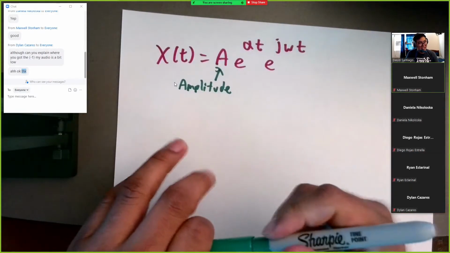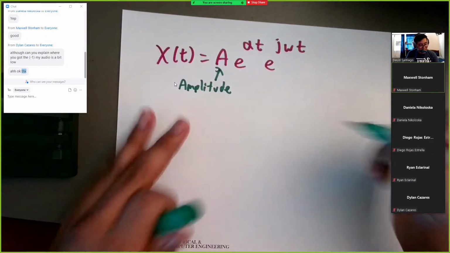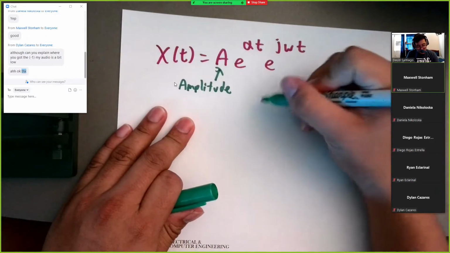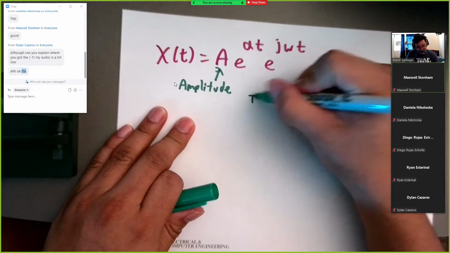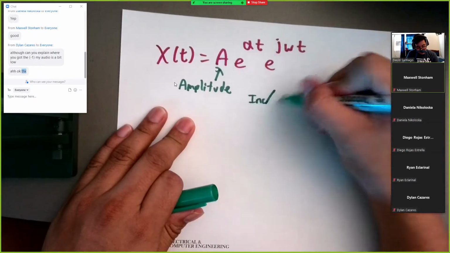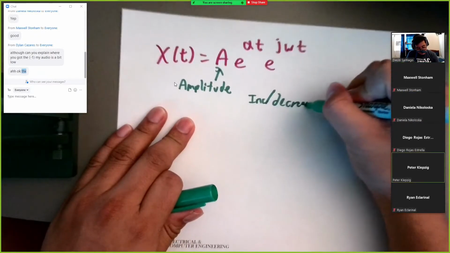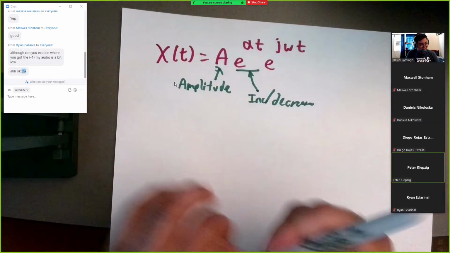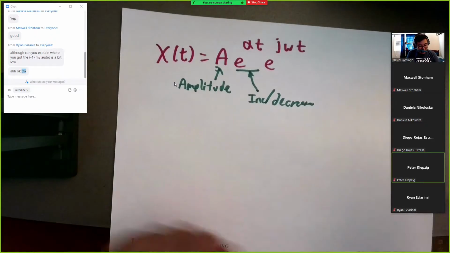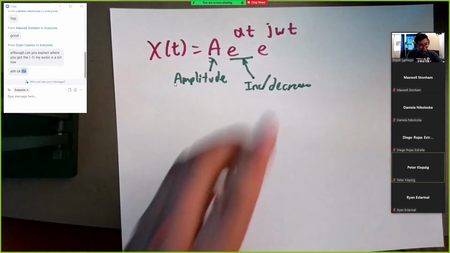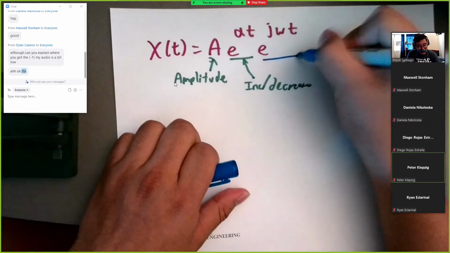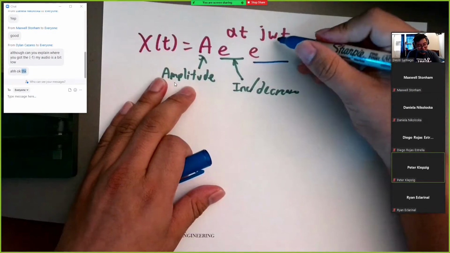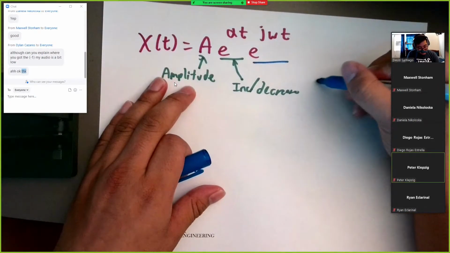All signals either increase or decrease. And then all signals, let me write it in blue, will have some type of frequency.